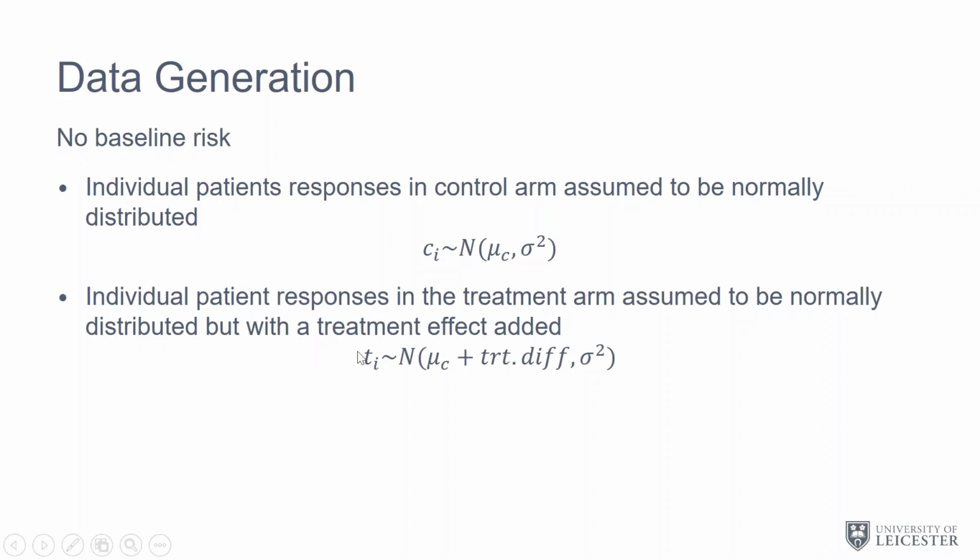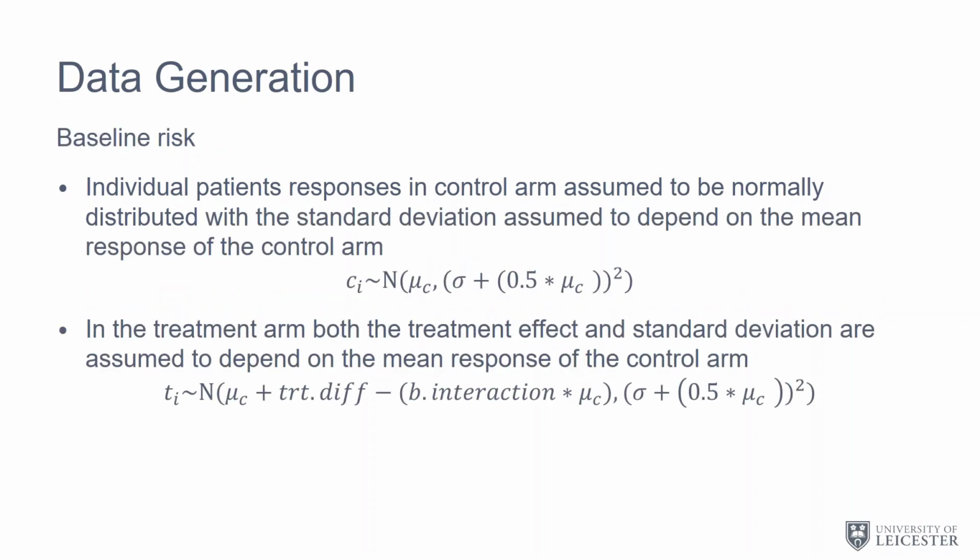In the treatment arm, we also assumed that the responses were normally distributed, but this time with a treatment effect. So treat.diff here is our intervention effect. So in the patients in the treatment arm, the mean is equal to the mean response in the control arm plus the intervention effect. And again, we had the same variance as we did in the control arm.